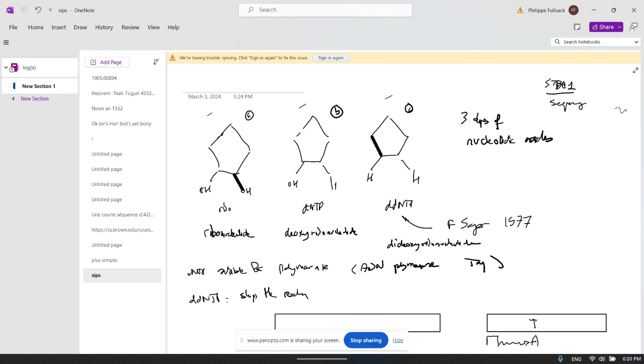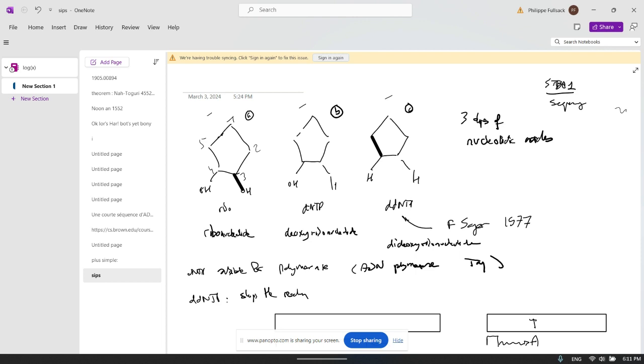One is ribo. So the carbons, this is the sugar part, the carbon positions are typically labeled in this order, 1, 2, 3, 4, 5. Okay. And you can see that there are some hydroxyl groups at position 3 and 4.